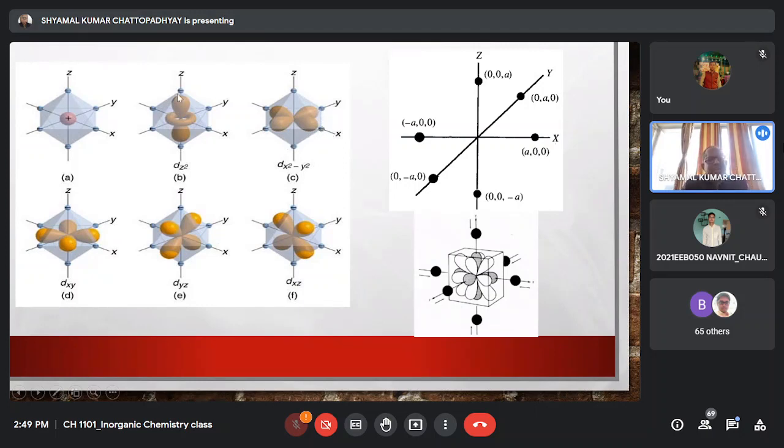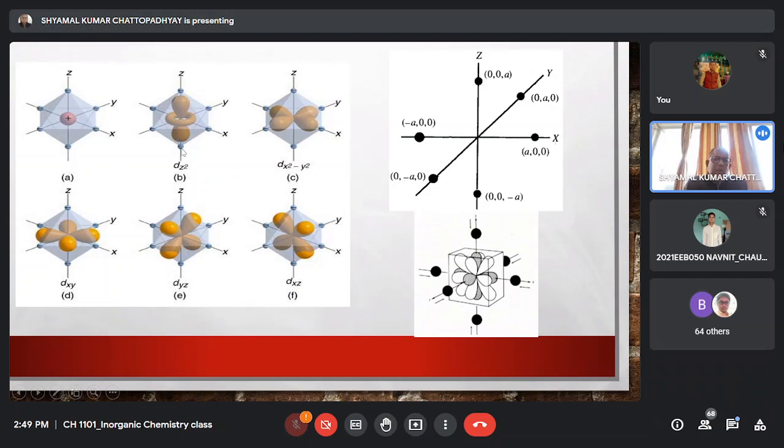On the other hand, in case of dz square, remember, the electron density in any one of these two lobes is more than the electron density in any one of the four lobes of the other orbital. So here the electron density is heavily situated between these two lobes, and this lobe directly faces the ligand along the plus direction of the z-axis.